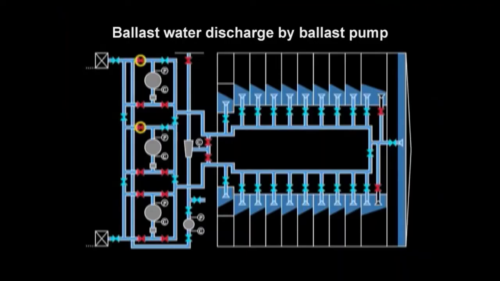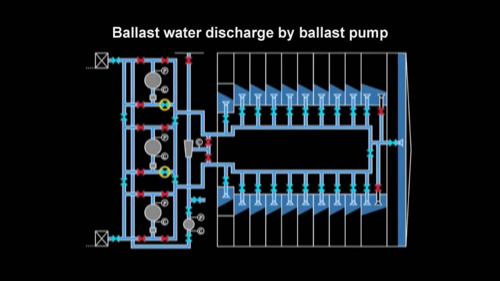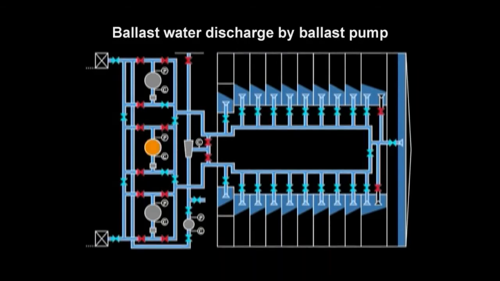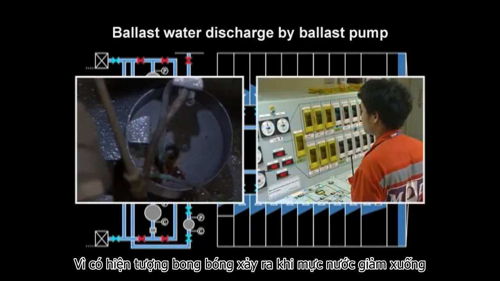Next, we'll proceed to ballast water discharge by ballast pump. The ballast pump starting procedures are the same as for filling. Make sure to conduct air purging from the pump and confirm the state of valves and gauges.